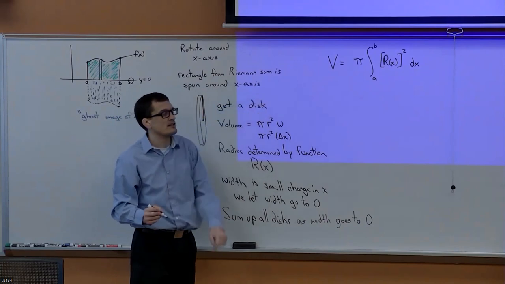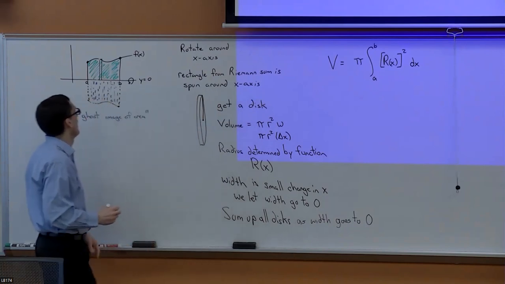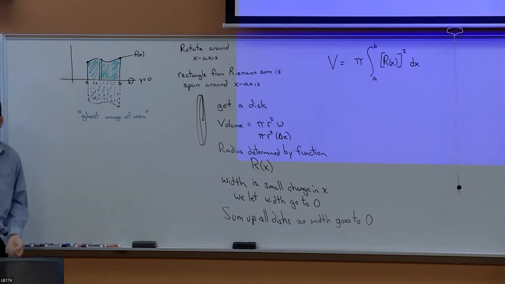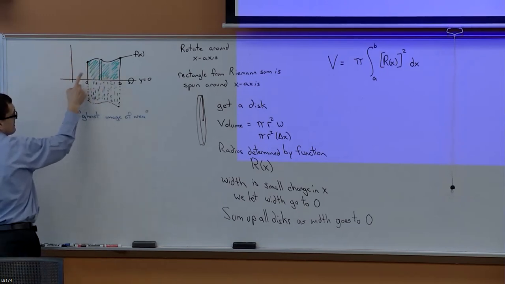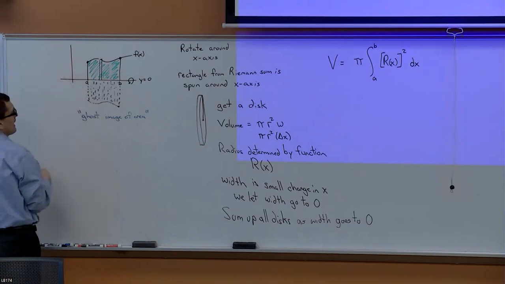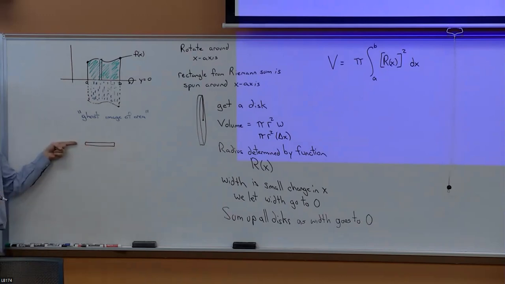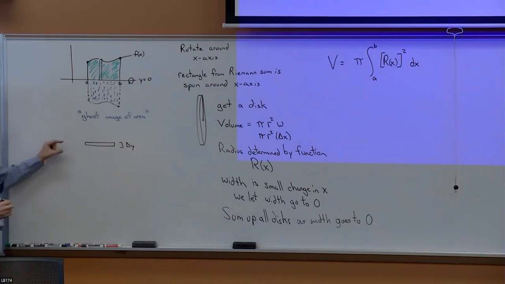Now, this is the value that we're going to use when we rotate around a horizontal line, like the x-axis. If you rotated this around a vertical line, then to create disks, all of your rectangles would have had to be laid flat, and my rectangles have widths which are small changes in y.